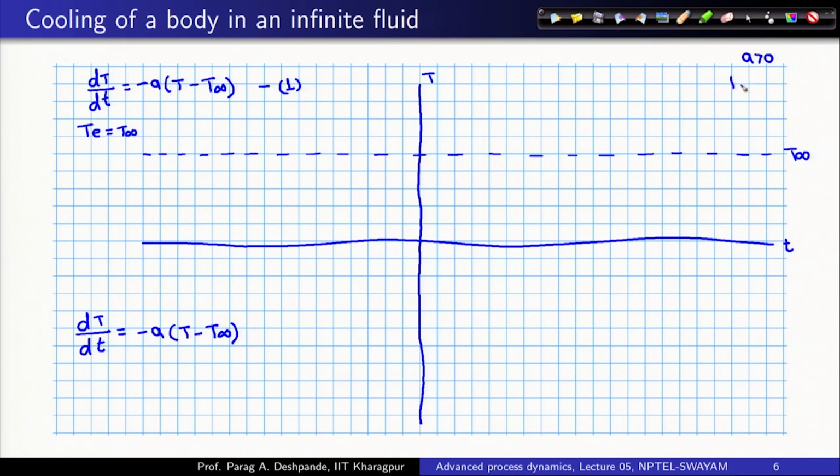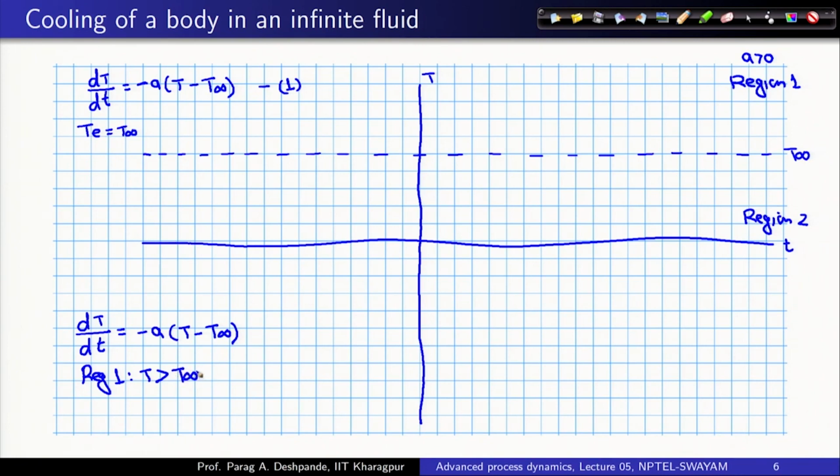This is region 1 and this is region 2. In region 1, T is greater than T infinity.